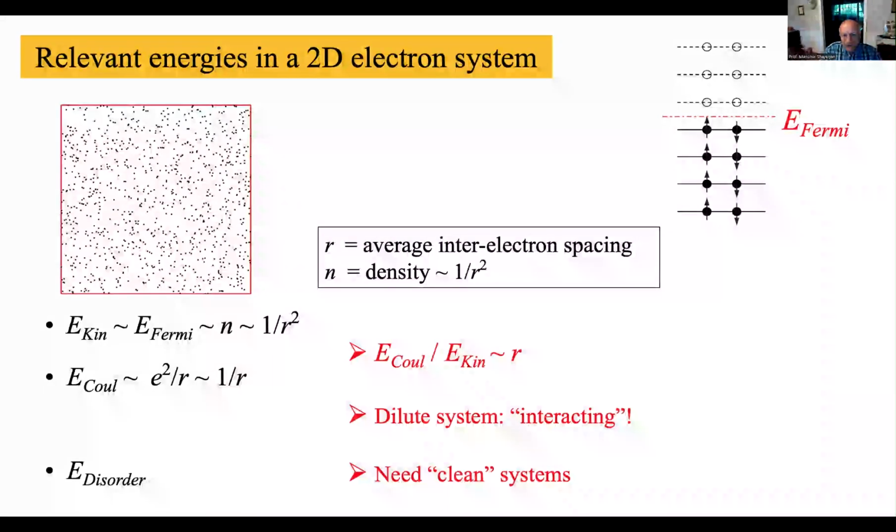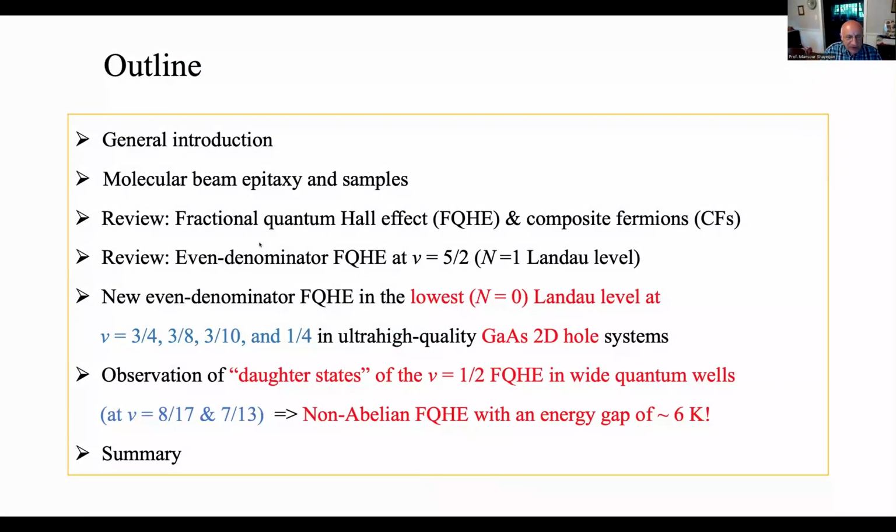But the other energy which is relevant, let's just call it disorder. Ideally, you want these electrons to be free in this two-dimensional plane, but if there are impurities, defects, that's not good. That breaks up the interaction and these states. That is why one needs to go to very pure systems.